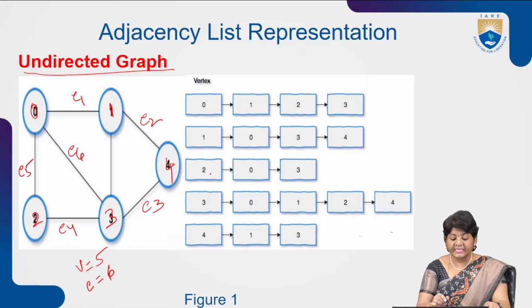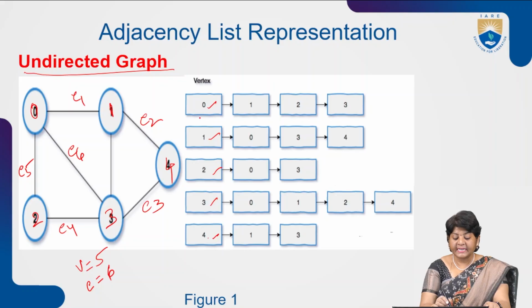So, this is a representation where we take 0, 1, 2, 3, 4. These 5 are vertices. Now, each vertex which is connected to the other vertices will be represented in the form of a linked list.